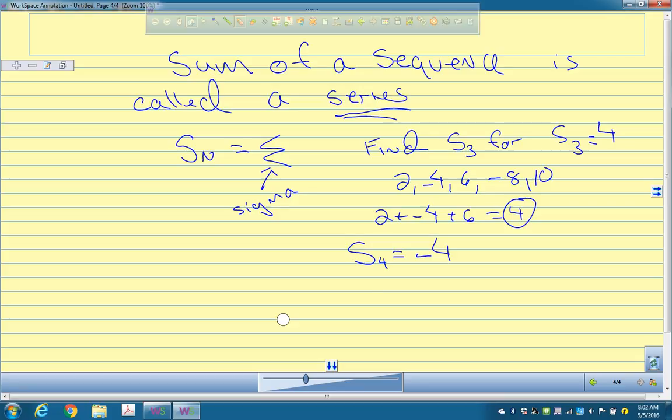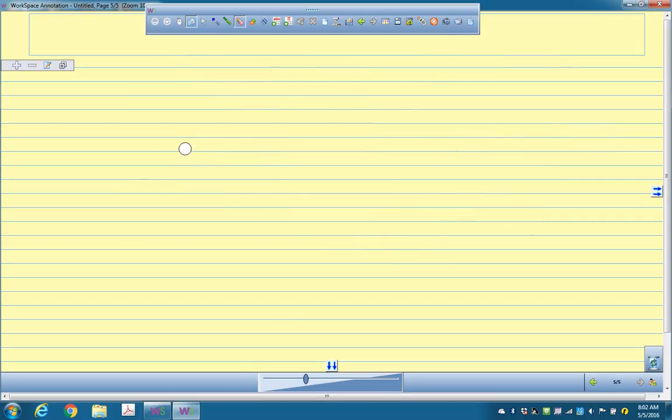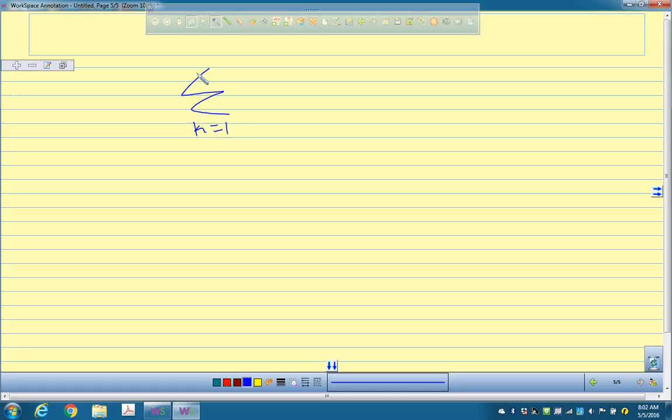Okay. So getting to the sigma notation. If I write something like this, the sum from k equals 1 to 4 of 2k plus 5, what this means is plug in 1, then plug in 2, then plug in 3, then plug in 4, then add them all up.